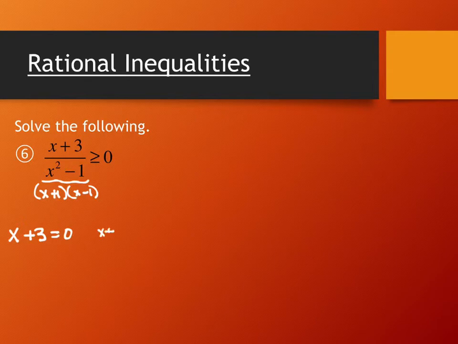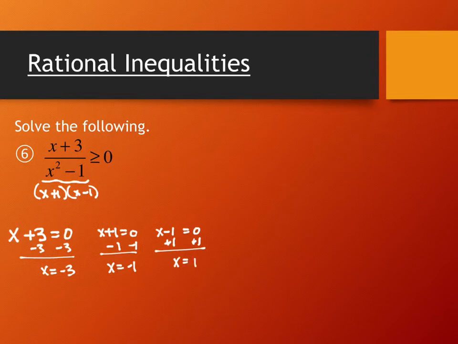So if we do this, we would have x plus 1 equals 0, and x minus 1 equals 0. So we would subtract a 3 to get x equal negative 3. Subtract a 1, so x is negative 1. And add a 1, so x is positive 1.